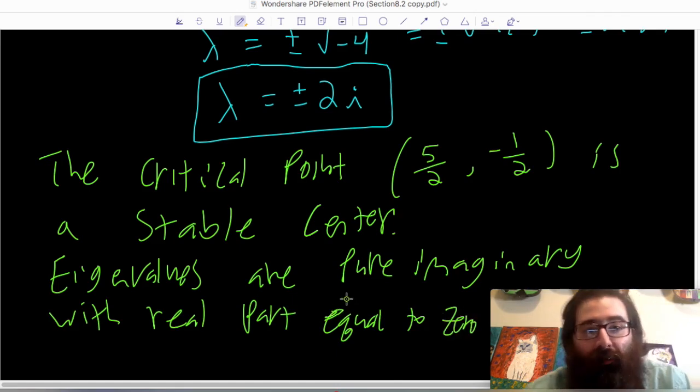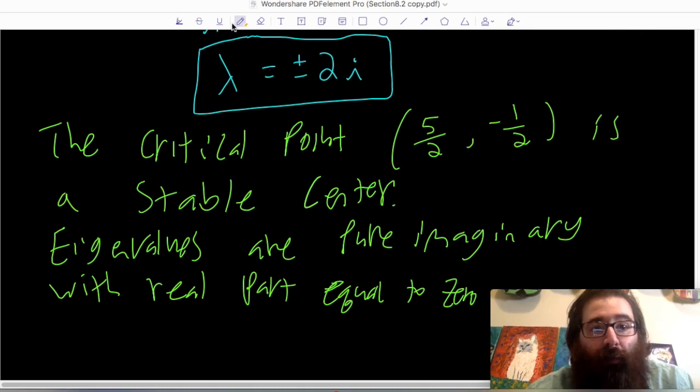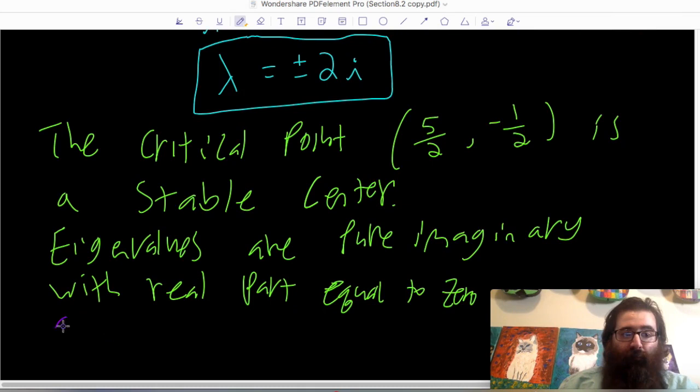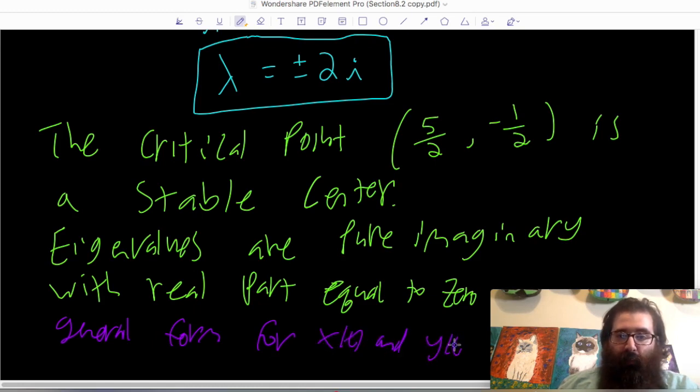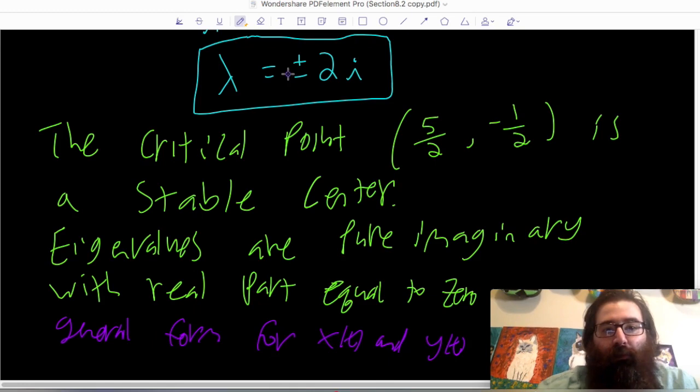And that's sort of important to mention here, that since that real part is equal to 0, if I were to try to write general forms for x and y, for x at t and y at t, since the real part is missing, if you want to write it in, that's really a 0 plus or minus 2i.